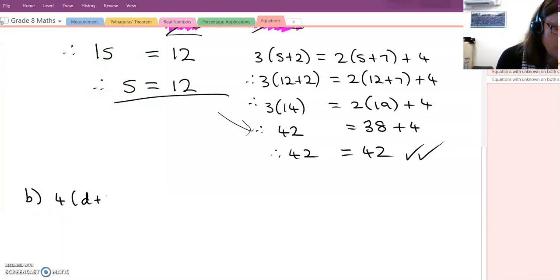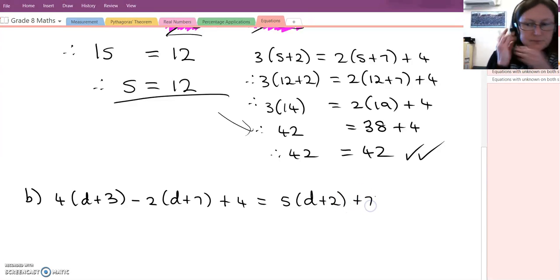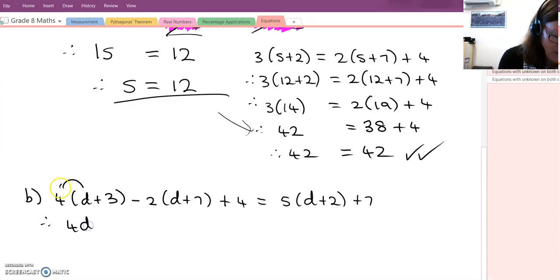And again, this is worked example 14 from the text. It looks harder, and it is harder, but if we just do one step at a time, it just combines the basic skills that we've learned. So I'm going to expand my brackets. 4D plus 12.